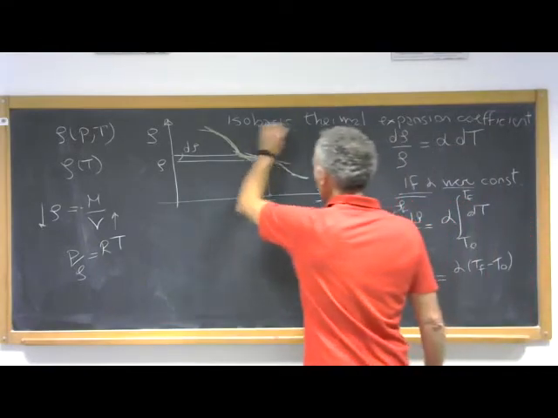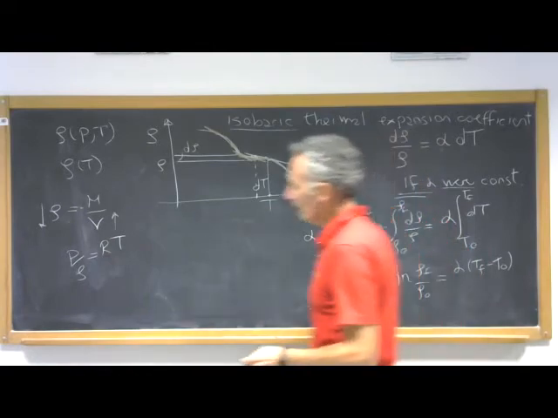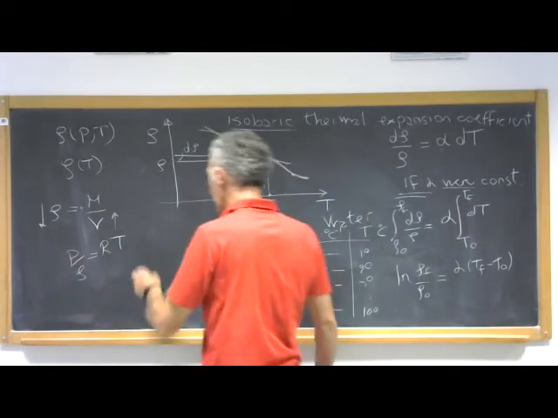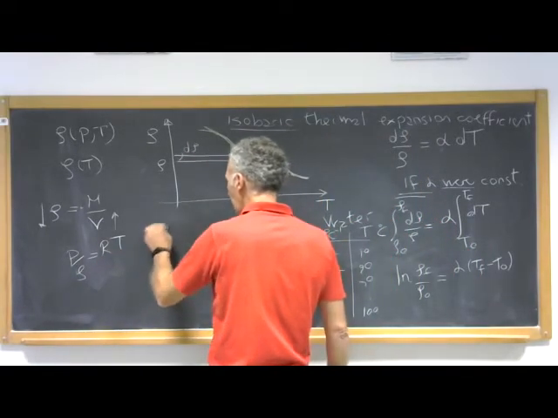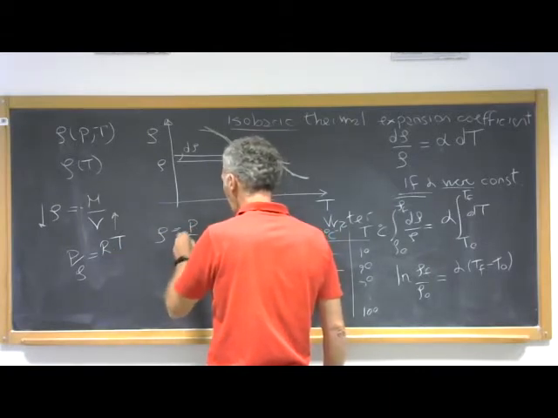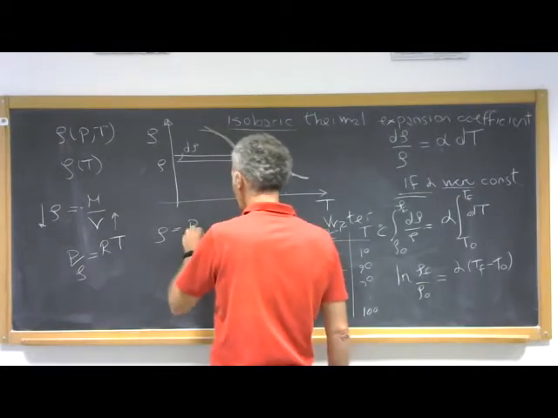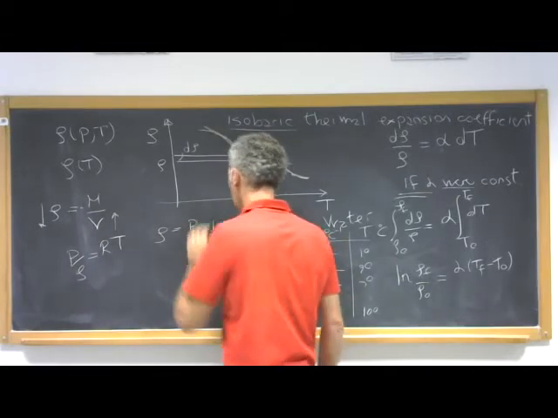Okay, so isobaric means P equal to constant. So what I could do here is to recast this equation in this way: rho equal to P by R times 1 by T. Okay?